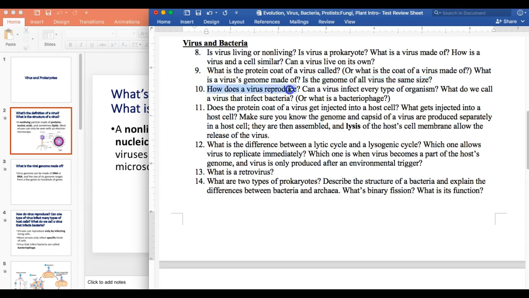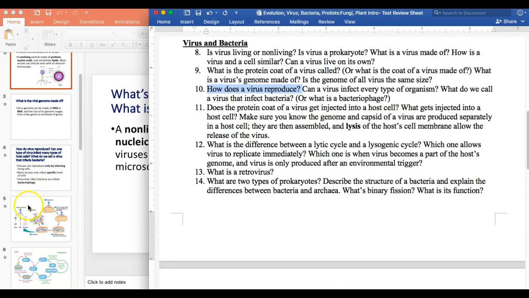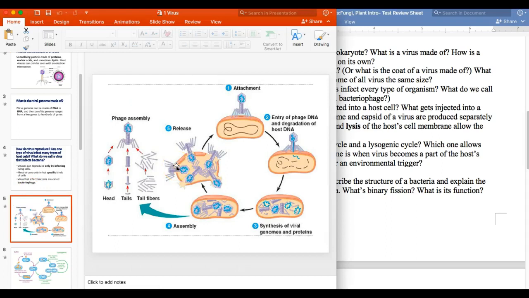This next one, how does a virus reproduce? If you look at this picture right here, a virus reproduces first by attaching itself onto the host cell, and there are specific receptors on the host cell that can match with the virus. After this attachment, the virus injects its DNA or RNA genetic material into the host.